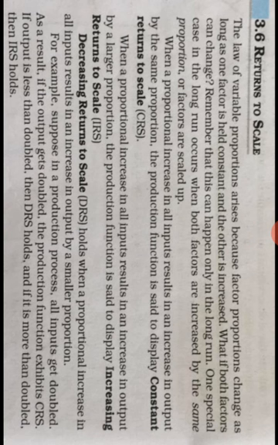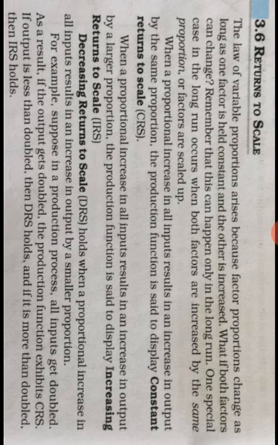First one: when a proportional increase in all inputs results in an increase in output by the same proportion. When you are increasing the input, to the same level there will be changes in the output.